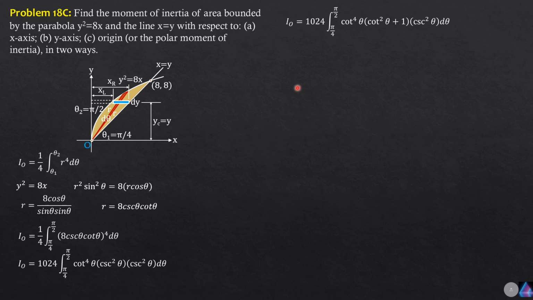So IO is negative 1024 integral from pi over 4 to pi over 2 of quantity cotangent to the 6 theta plus cotangent to the 4 theta times negative cosecant squared theta d theta. This is now in the form integral of u to the 6 plus u to the 4th, then that's the differential of u. U is cotangent theta, differential of cotangent theta, negative cosecant squared theta d theta.